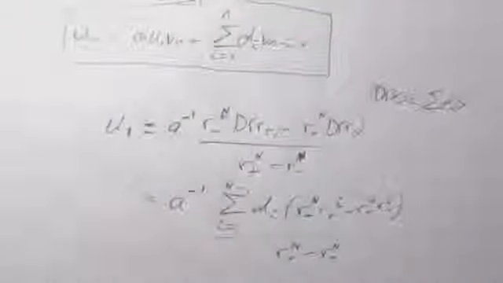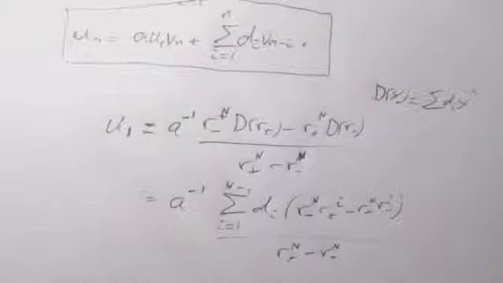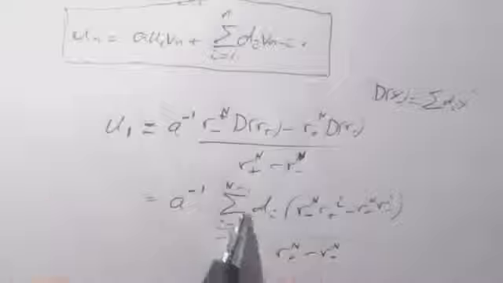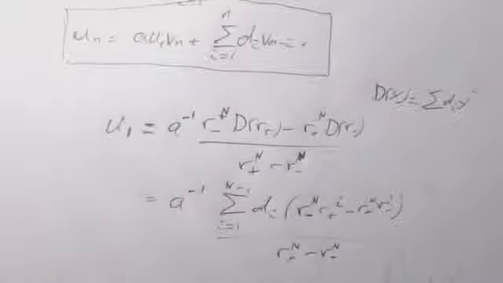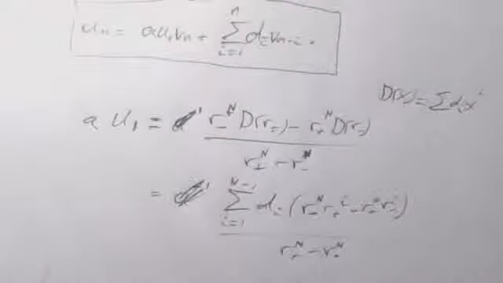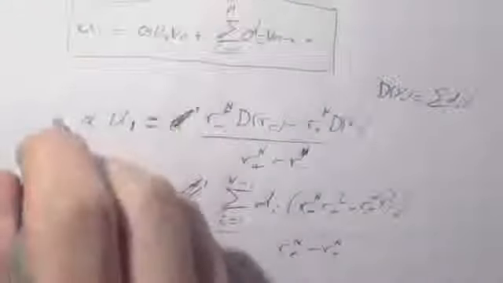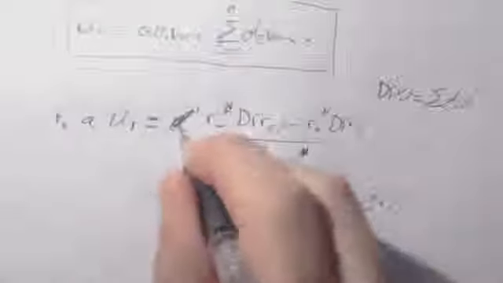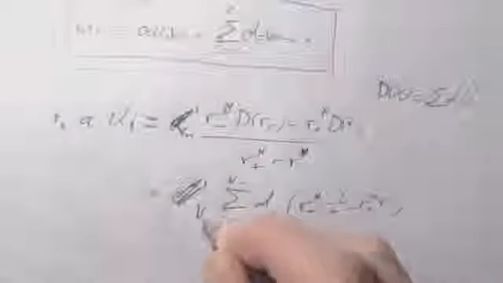So plugging this back in, this is our u1, well a u1 is going to look like, we can lose these a minus 1s, and vn times a u1, we're just going to shove vn out here.